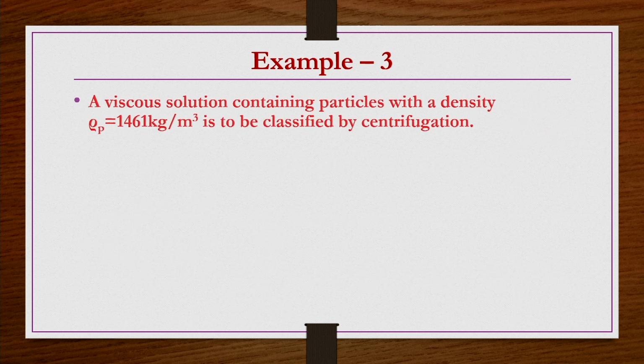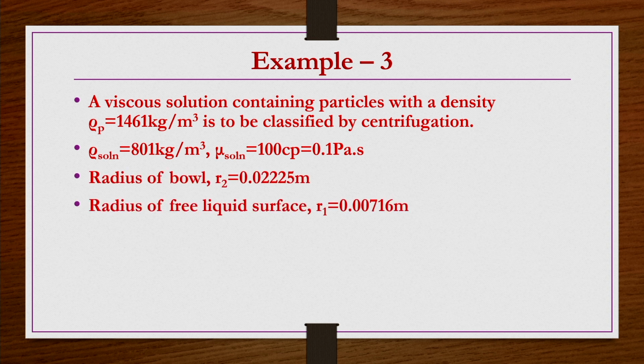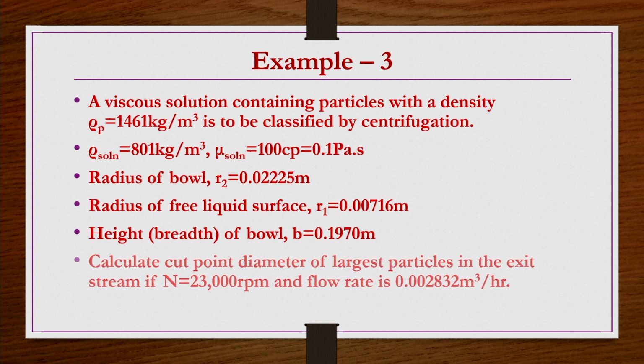Now we take another example. A viscous solution containing particles with density rho p equal to 1461 kg per meter cube is to be classified by a centrifugal bowl. The solution viscosity and density are given, the radius of the bowl is given, the radius of the free liquid surface R1 is directly given in this problem, and the bowl height B is also given.